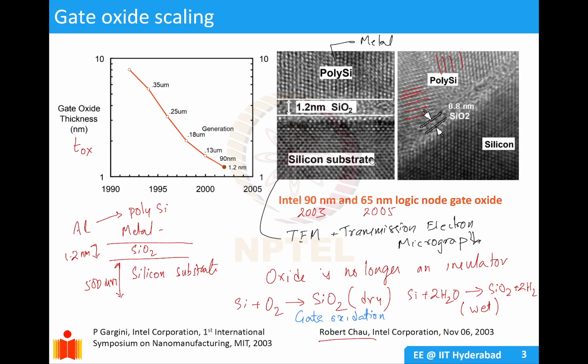In the silicon it is very highly ordered, whereas the SiO2 is very rough because SiO2 is amorphous. There is no crystallinity in it, and in your polysilicon you have multiple different types of lattices, because poly means polycrystalline. So you have multiple crystalline grains, hence you have different orders in it.